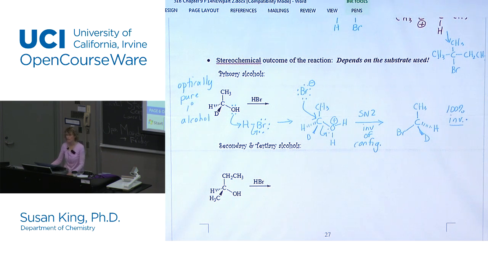What happens at a secondary or a tertiary alcohol? Let's go through that. If we know the mechanism, that's not a hard question. If we know the mechanism and we know the structure of a carbocation, that is not a hard question. It's really not a 50-50 guess, because you could have one enantiomer, you could have the other, or you could have both, right? So that's a 1/3 here.